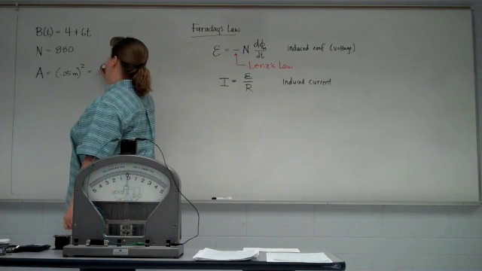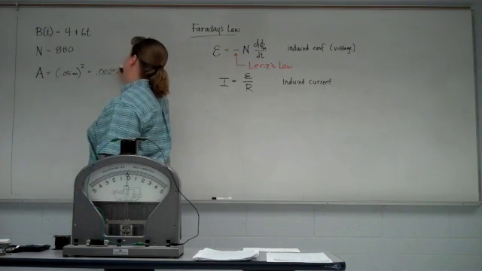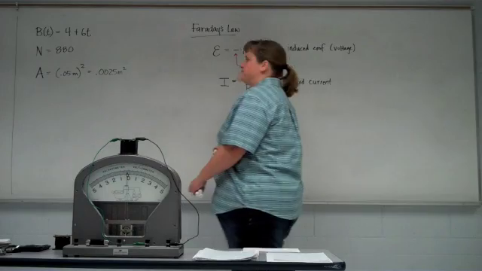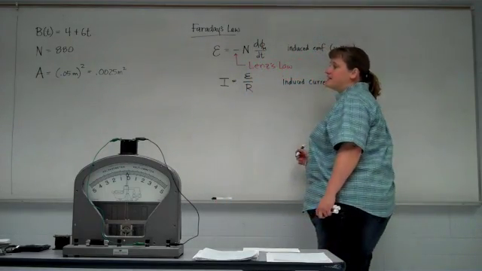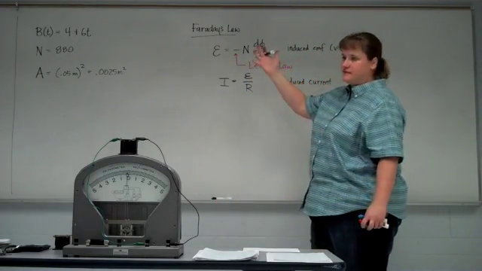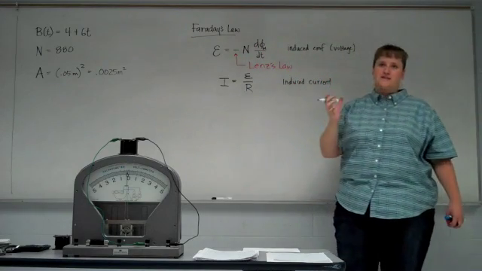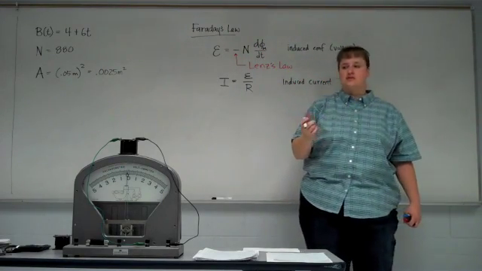So the cross-sectional area is 0.0025 meters squared. Let's find, if that were the magnetic field, the induced voltage in this coil.